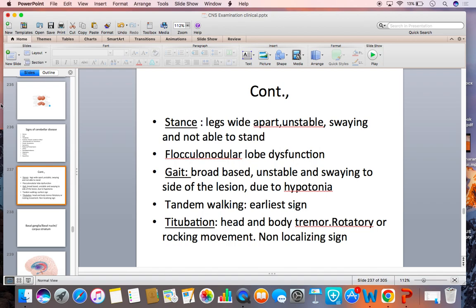The ascending sensory fibers reach the cerebellar hemisphere through the inferior cerebellar peduncle. From the cerebellum, they pass in the superior cerebellar peduncle, cross to the opposite side, and reach the cerebral cortex.